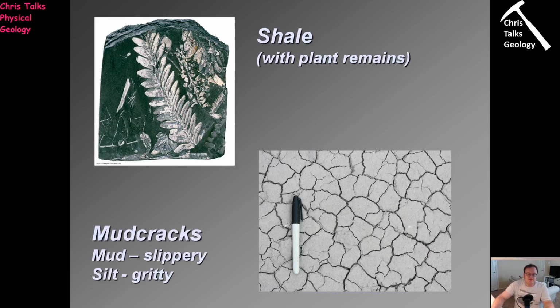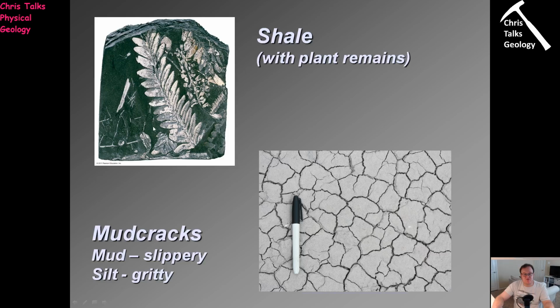They're also quite helpful to us because they can often contain certain things that will help us to work out what type of environment they were deposited in. So it's not uncommon for shales to contain fossils, things like plants, freshwater fish, crustaceans, insects, a whole range of organisms can get caught in the sediment and be incorporated into it and fossilized.